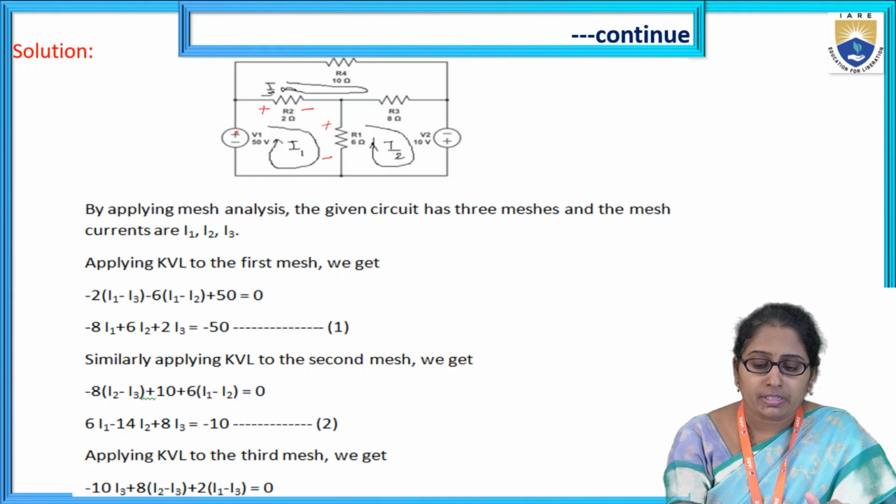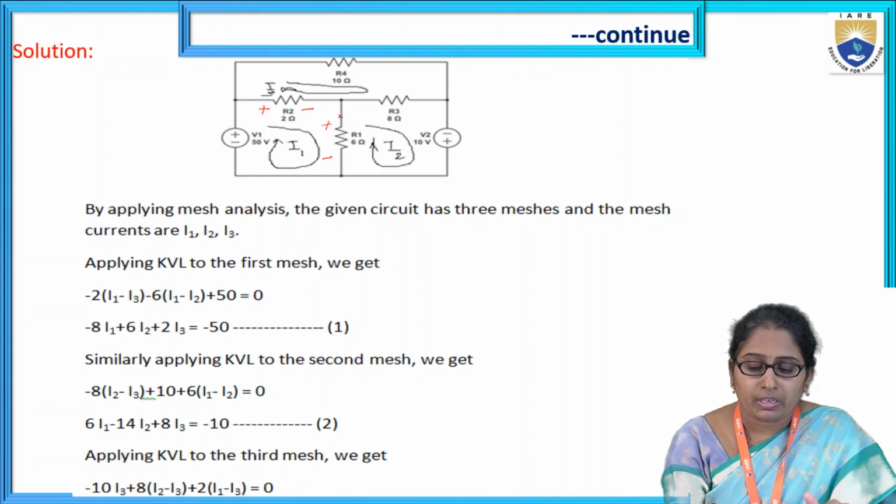Starting from the supply, I am taking this at higher potential, this at lower potential, so this plus, this minus. Then after the first element, this is plus, this is minus. If you come to this side, this is connected to the second battery's negative terminal, so I take this as minus, this as plus.